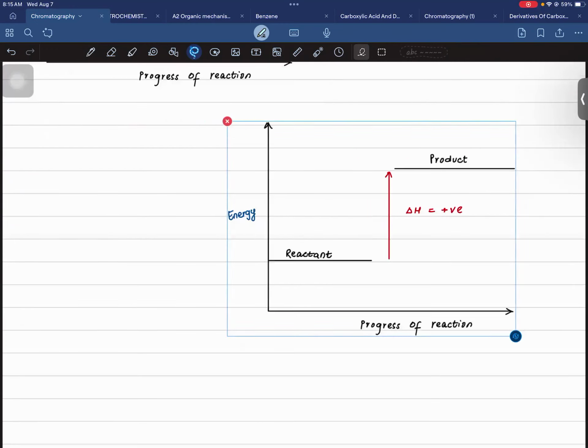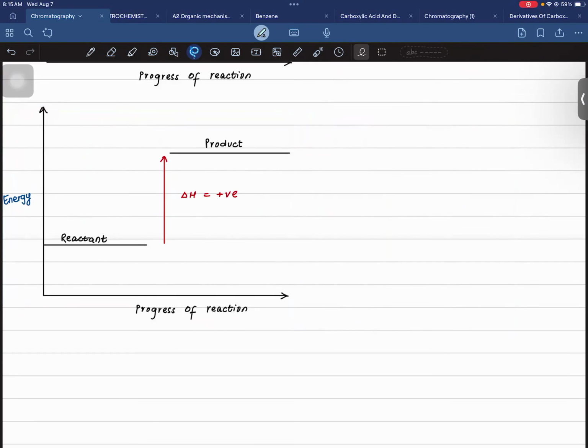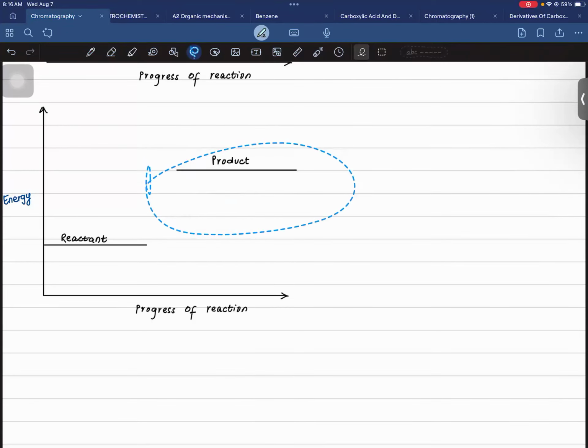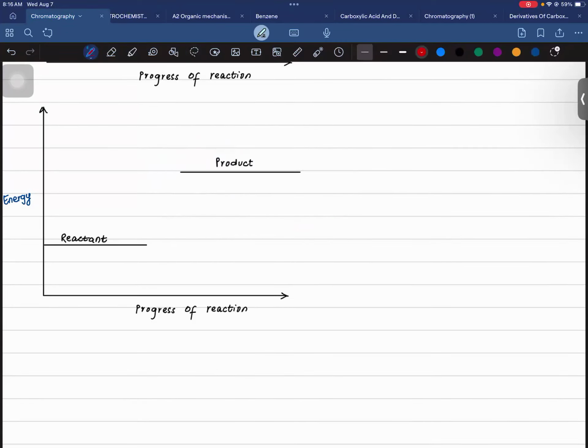I'm going to make the exothermic energy profile diagram again because we have to compare the activation energy of the endothermic system and the exothermic system.